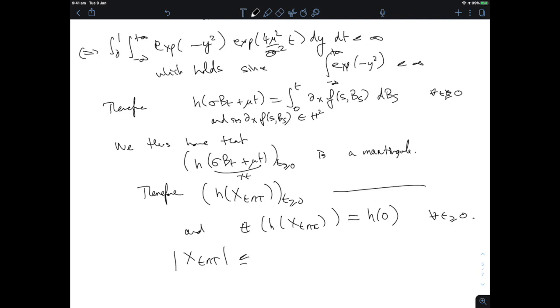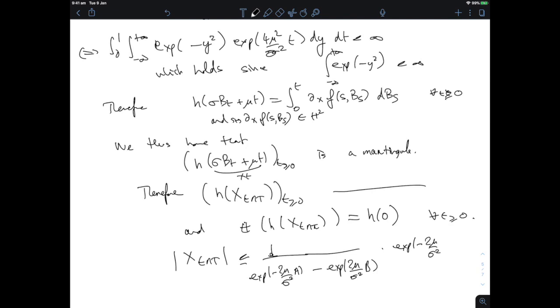This is 1 upon some number, 1 upon exponential minus 2 mu over sigma squared a minus exponential 2 mu over sigma squared b, whatever, just a number, times exponential minus 2 mu over sigma squared of x of t minimum tau. What's the worst that it can be?